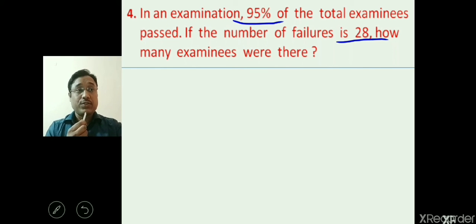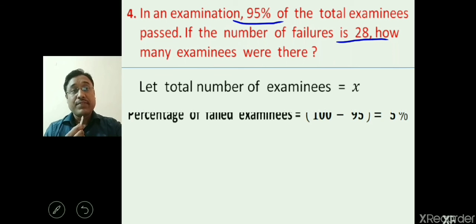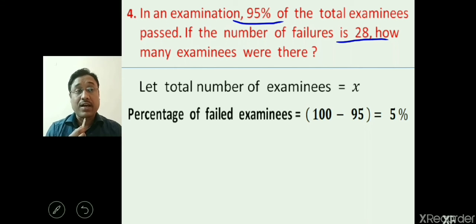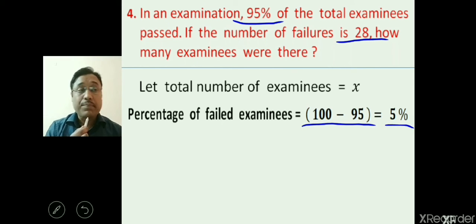So first you write, let the total number of examinees equal x. Then the percentage of failed examinees is 100 minus 95. The 95% passed you subtract from 100, because 100% means total examinees. So 100 minus 95 means 5% examinees failed in that exam.